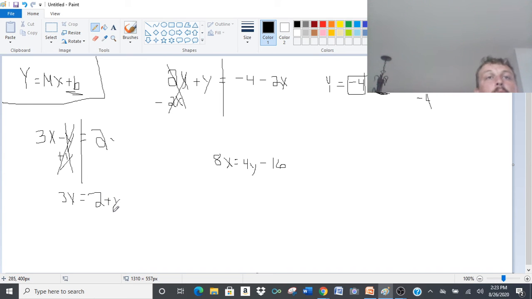Now, I draw our line again. What is on the same side as y now? Is the 2. So the 2, we have to move it over the equal sign. In order to do so, we have to do the opposite, which would be -2. 2 minus 2 is 0. So therefore, now we have -2 + 3x.